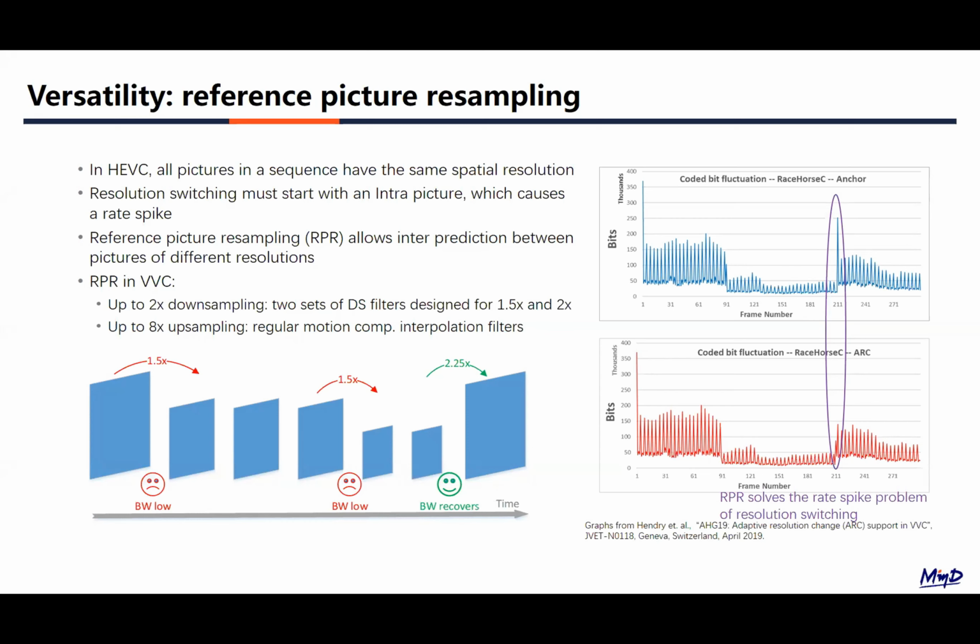If your bandwidth gets worse, you downscale again by another 1.5. And when it improves, you can scale back up to the original resolution. This way, you can continue without breaking the temporal prediction, and therefore you don't cause a rate spike, to accommodate applications like video conferencing, like what we're doing now.